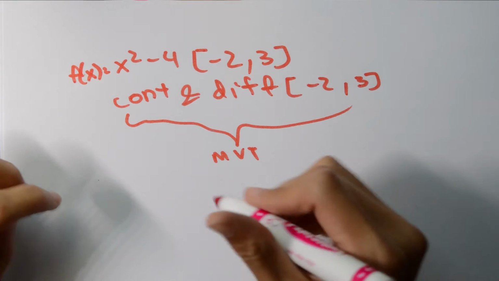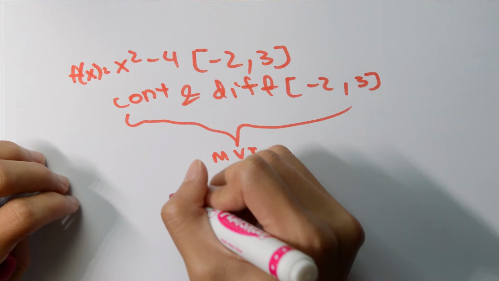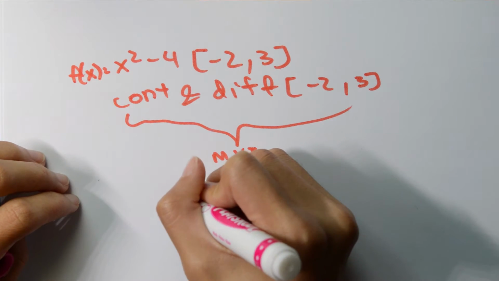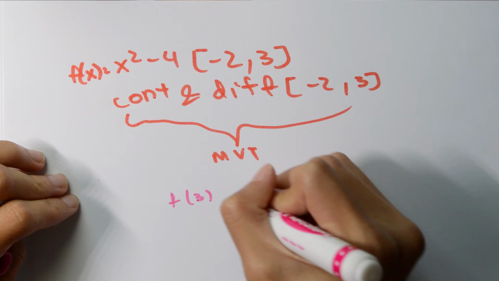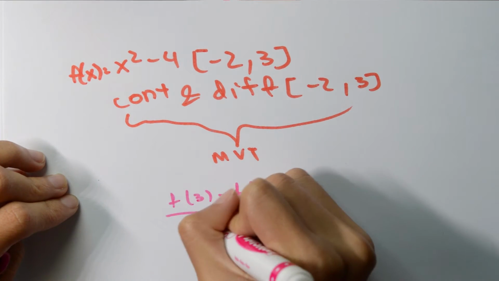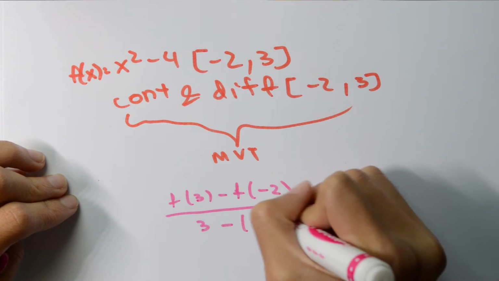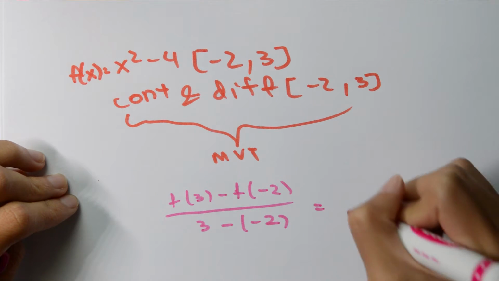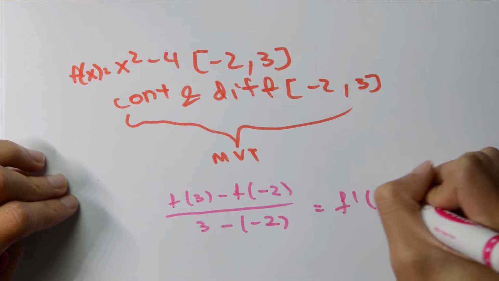Now, we must set the slope of the secant line and the derivative of the function x squared minus 4 equal to each other to find the x value of the point. After setting them equal, we solve to get the x value.